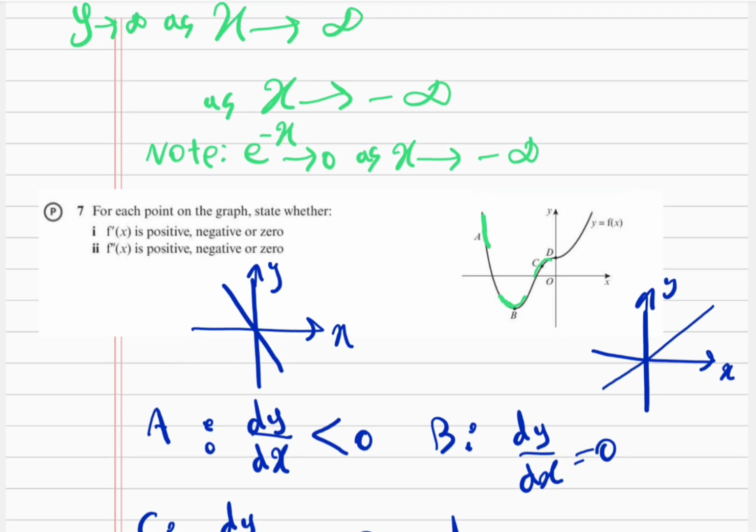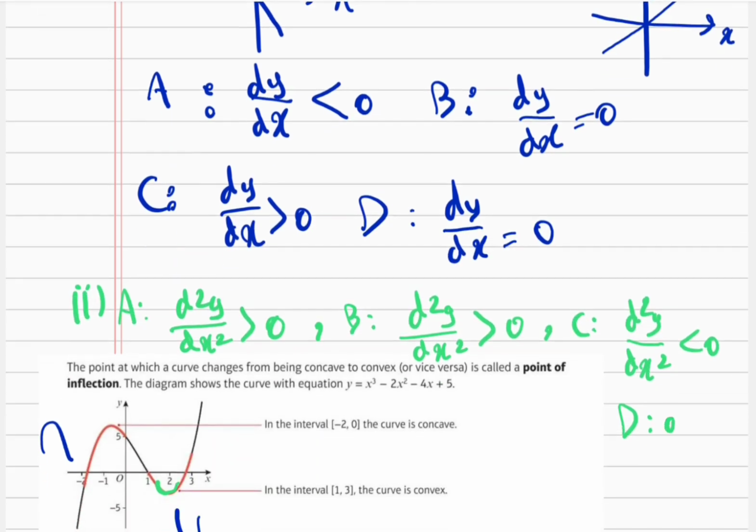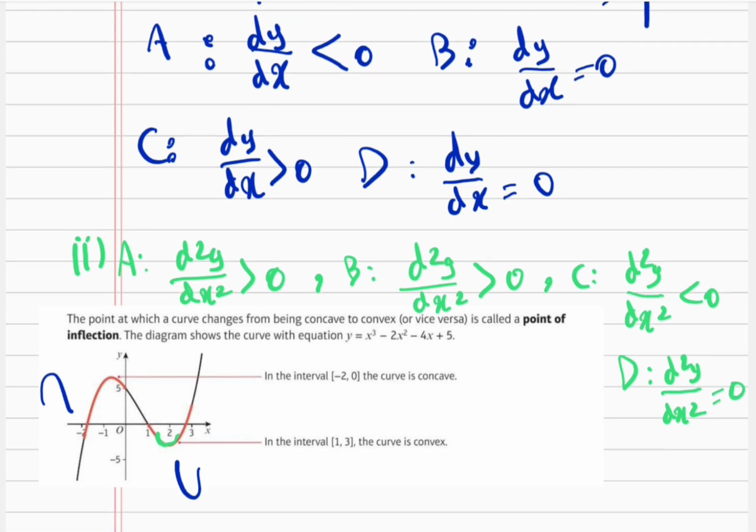And then finally D. D is probably the interesting one in this case, because D is the point of inflection, which means the second derivative is 0 at that point. Why? Because remember, a point of inflection is a point where the curve changes from being concave to convex, or vice versa.